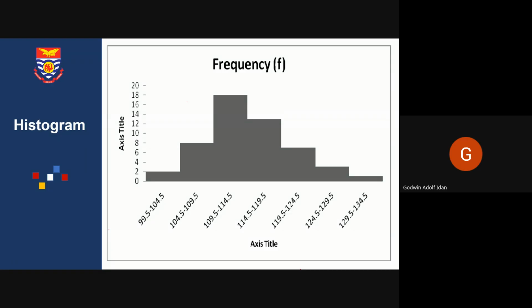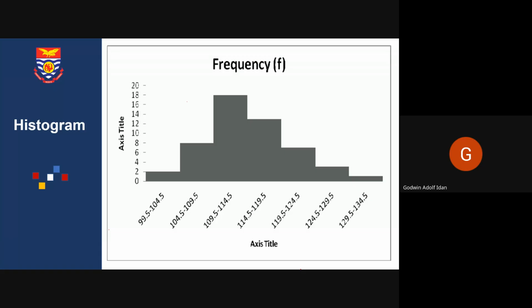There we established that a histogram is similar to a bar chart in terms of how they look. We use bars to represent a given set of data on a graph. However, a histogram is used to represent quantitative data, whilst a bar chart is used to represent qualitative data.